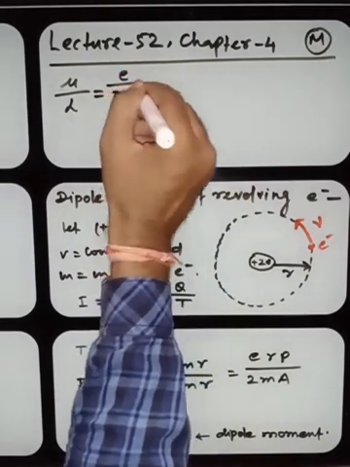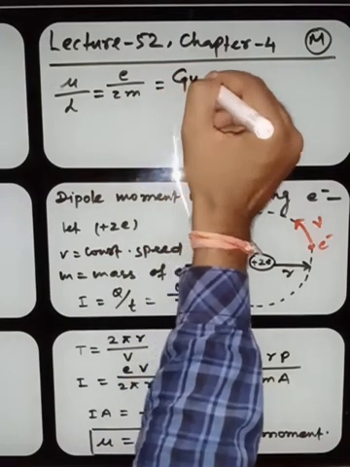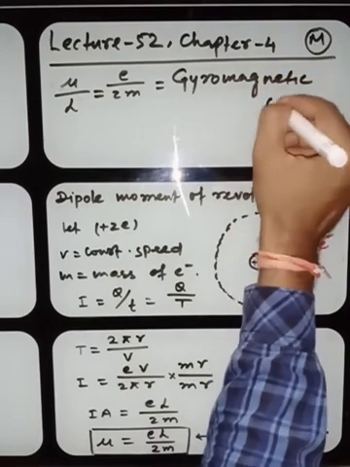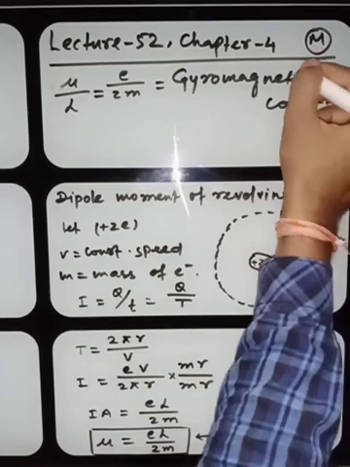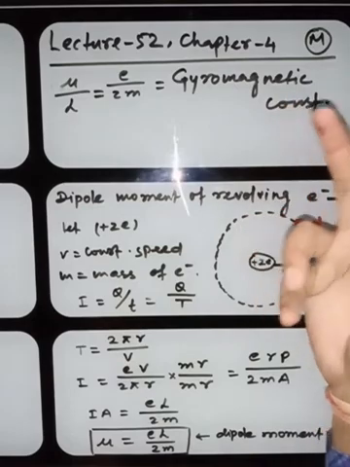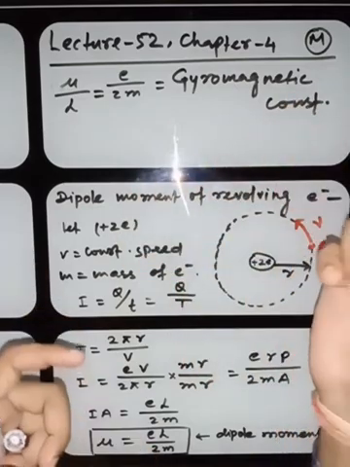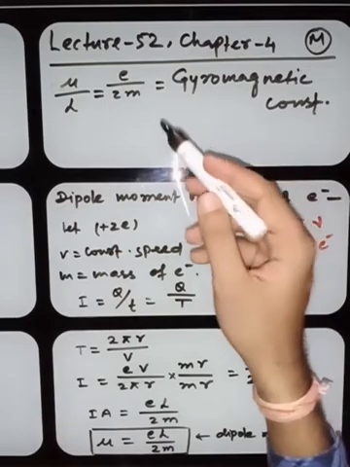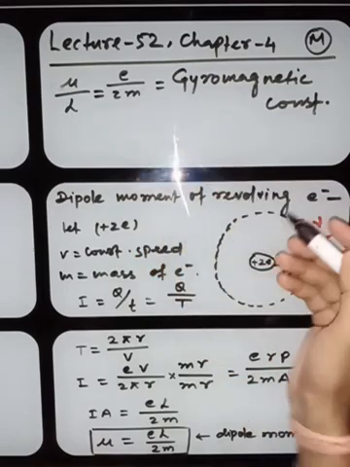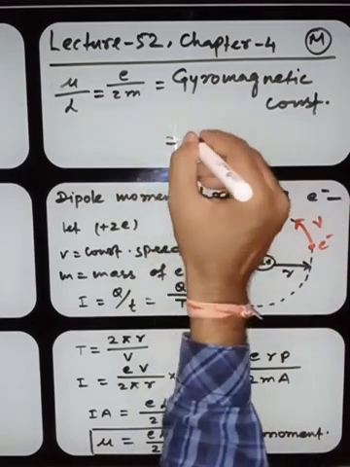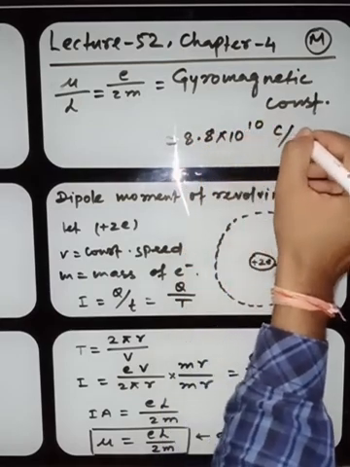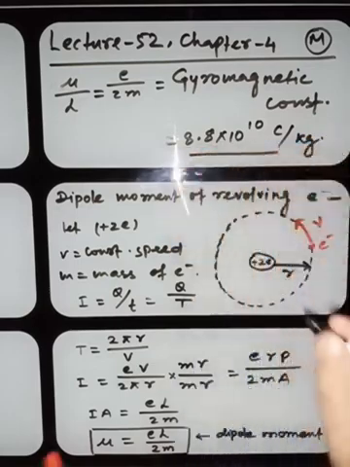It gives the amount of gyration of the electron around the nucleus. Since e by m, charge divided by mass, is constant, for the electron you will find 8.8 times 10 to the power 10 coulomb per kg.